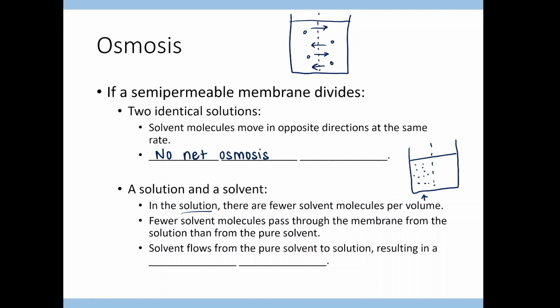This means fewer solvent molecules pass through the membrane from the solution side than from the pure solvent side. Let's use these larger circles to represent solvent. Left side is solution, right side is pure solvent.